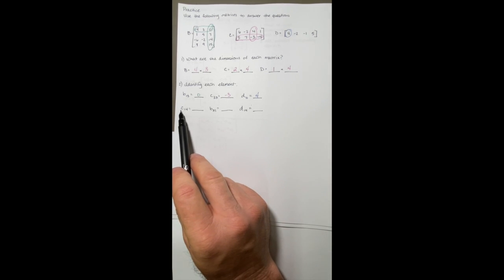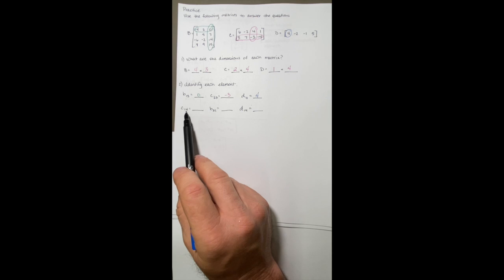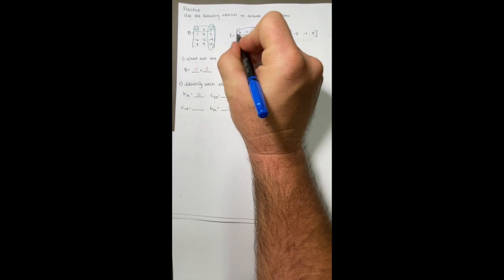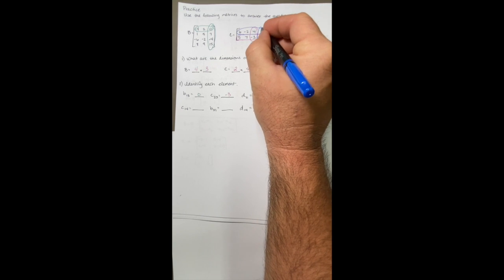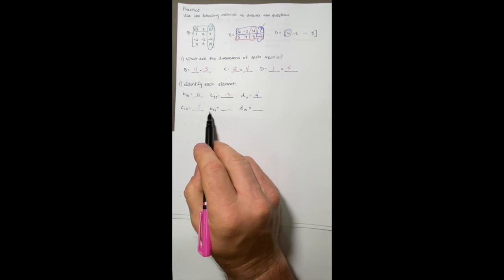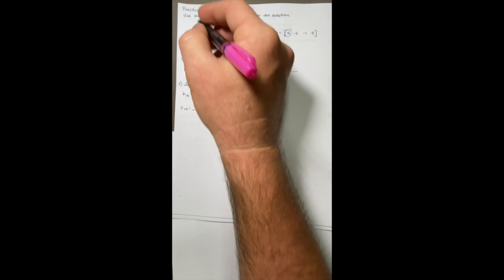Now looking at the last 3, matrix C, row 1, column 4. Matrix C, row 1, column 4, which would be 1. For this one here, matrix B, row 3, column 1.